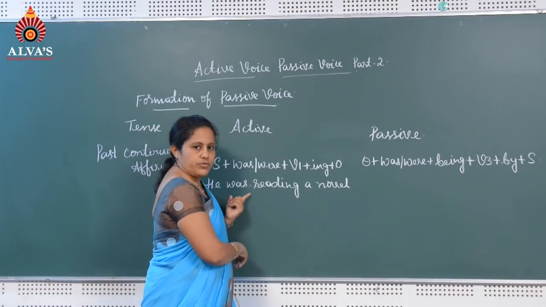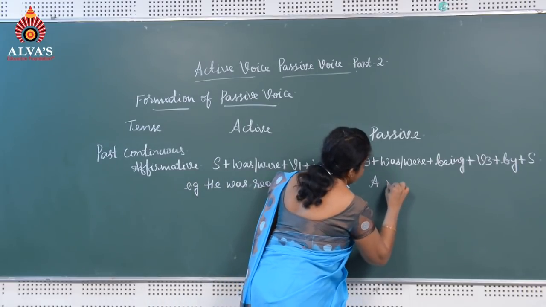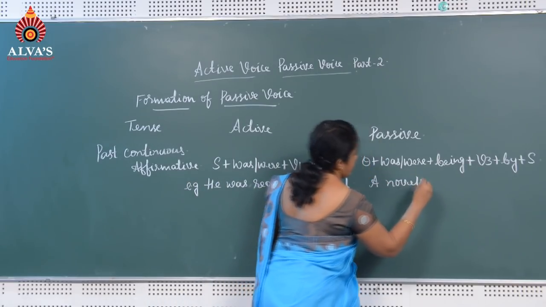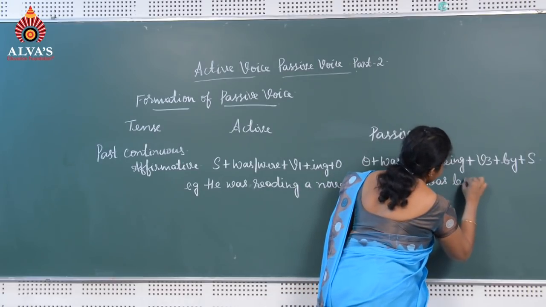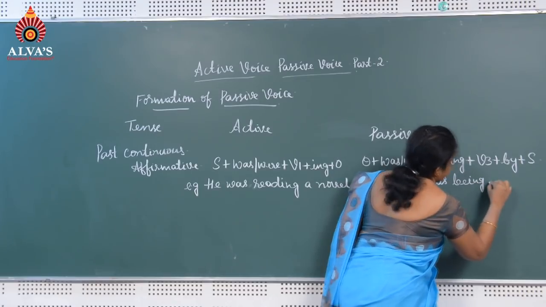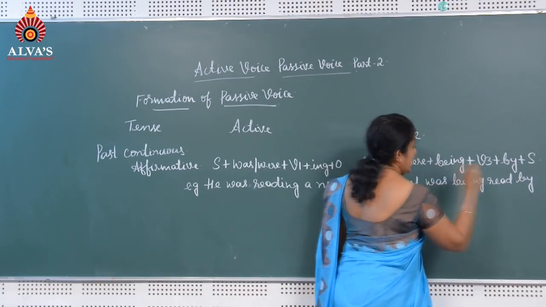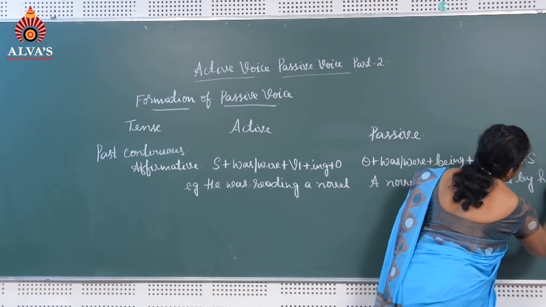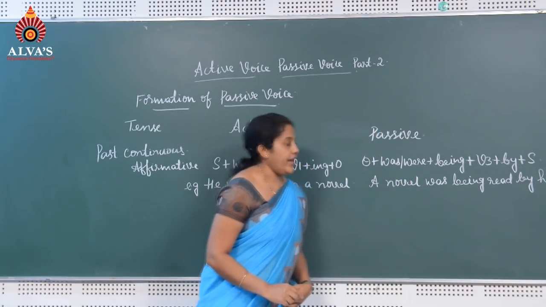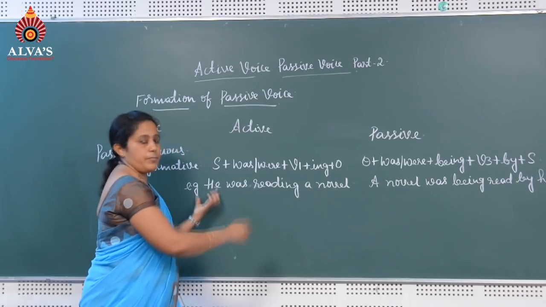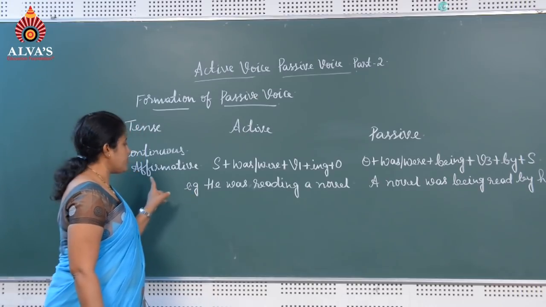When we change from active to passive, it becomes: a novel was being read by him. See, a novel was being read by him, that is passive voice. This is a past continuous affirmative sentence.